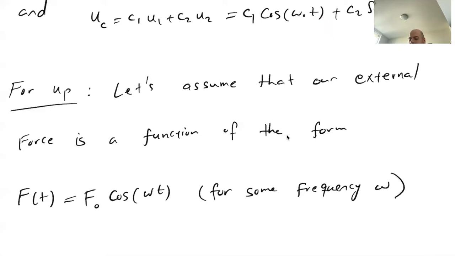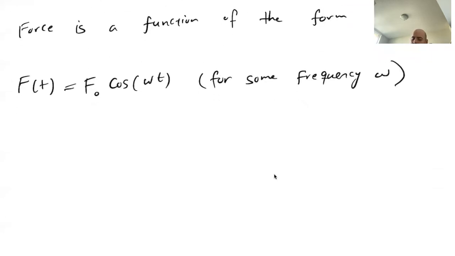Again, the reason that we assume this is because in practice, in many situations, we have a periodic external force, which can be written as a sine function or cos function. Here we assume that we have a cos function. It doesn't matter; if you even assume that f of t is a sine function, the calculations will be very similar.